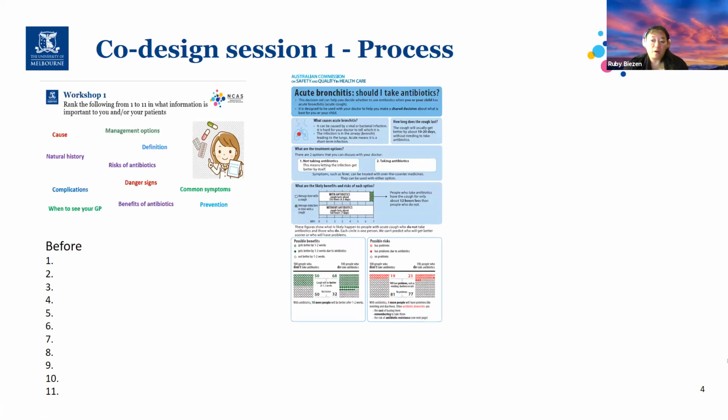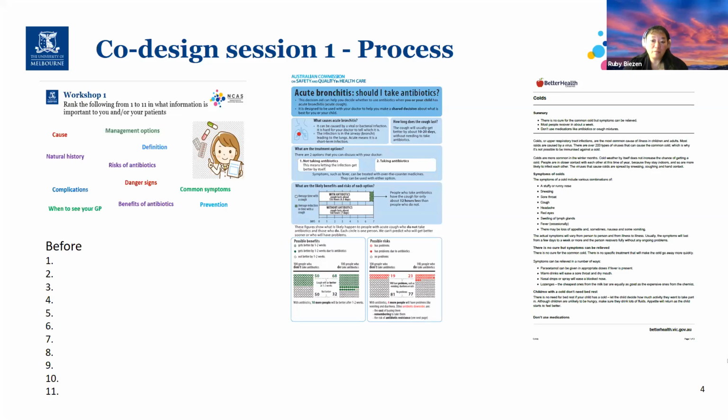Next, we gave them 5 common patient information sheets that are different in types and style, and we asked them to critique them. We asked them what they liked and didn't like about them. For example, here's one on acute bronchitis, "Should I take antibiotics?" This one's a double-sided information sheet. We also have a Better Health Channel information sheet on colds.